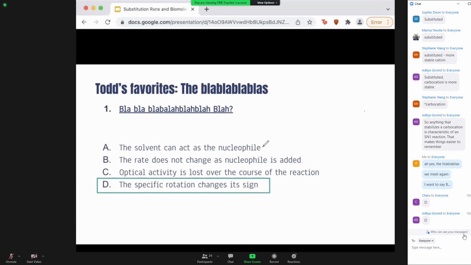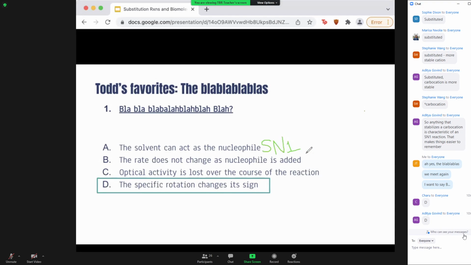The first one, the solvent can act as a nucleophile. We learned the term for this before. It is solvolysis for SN1. The rate does not change as a nucleophile is added. So recall that SN2 means bimolecular and SN1 means unimolecular.